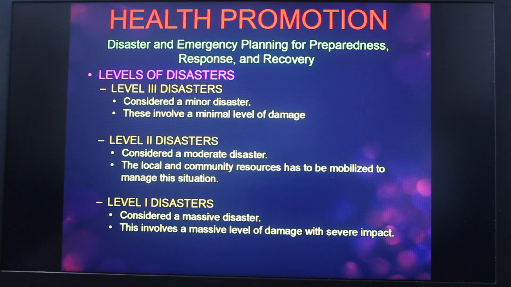These involve a minimal level of damage. Level 2 disasters are moderate disasters. The local and community resources have to be mobilized to manage the situation. And we have level 1 disasters. They are considered a massive disaster. This involves a massive level of damage with severe impact.